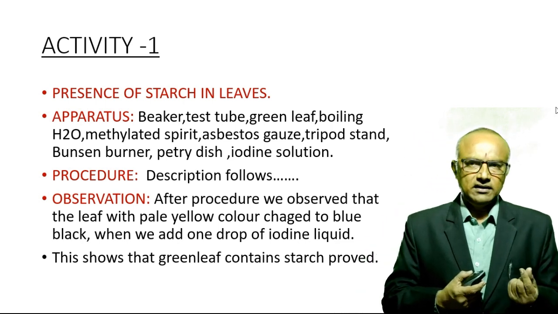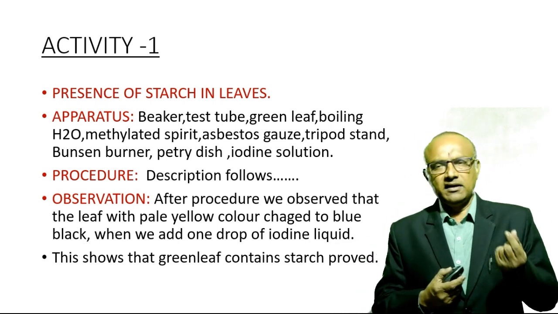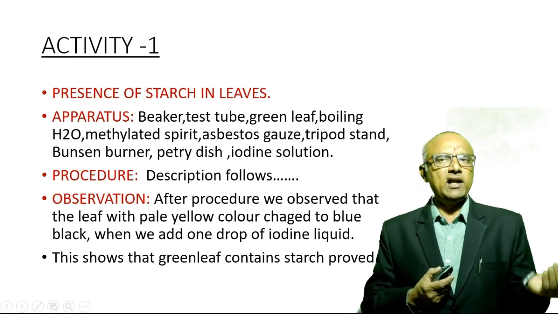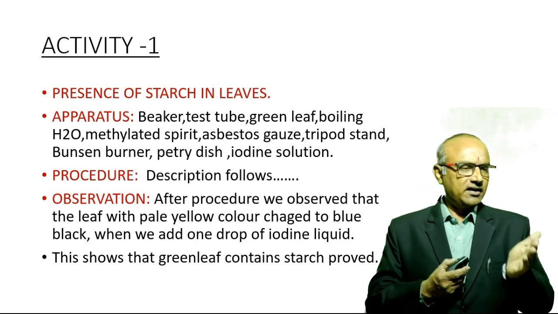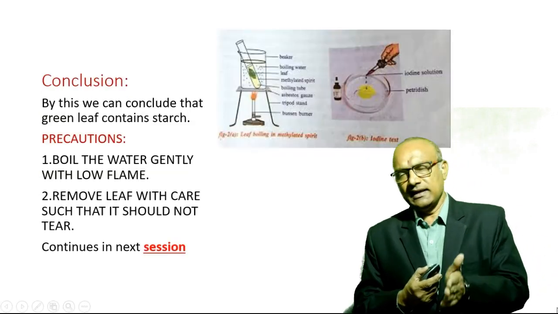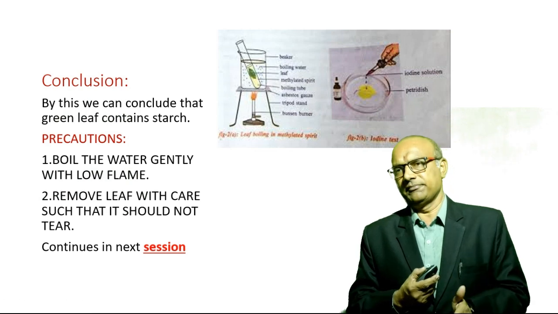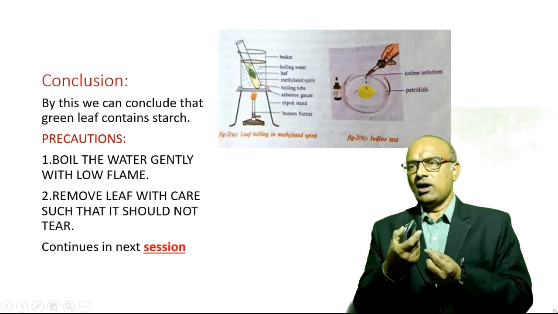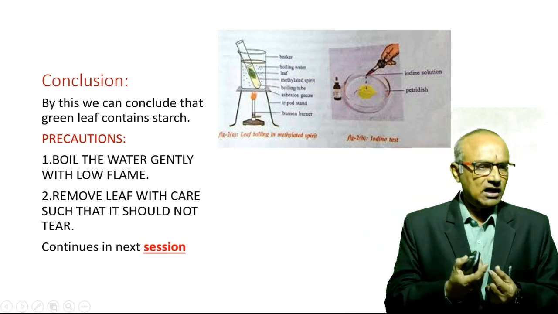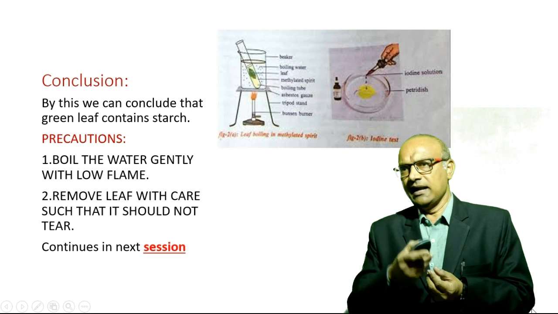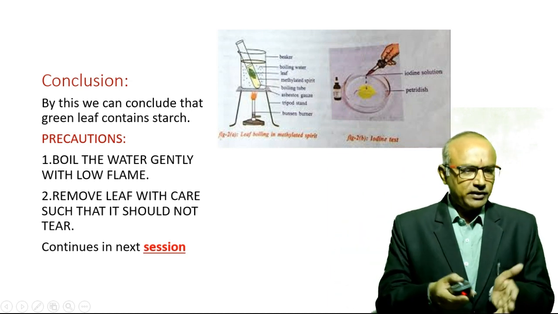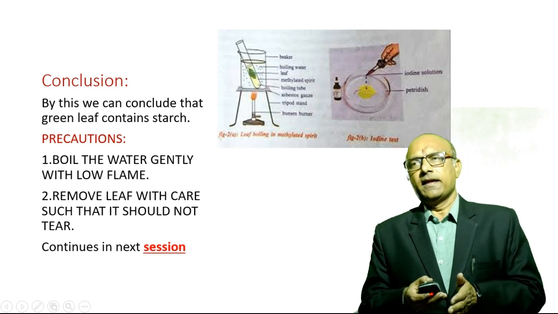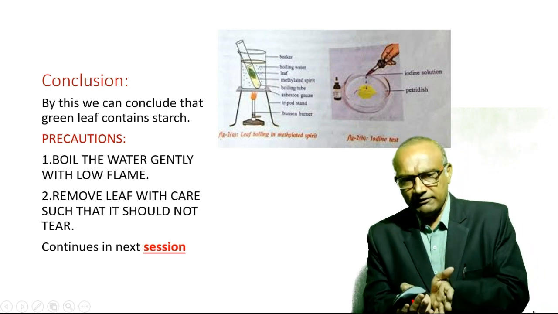When we boil the methylated spirit containing the green leaf, the chlorophyll pigments present in the leaf are damaged, so the green leaf is converted to colorless or pale yellow. The leaf from the test tube is separated with a small brush or a small scalpel, with care, and put on a petri dish. After putting it on the petri dish, you can see the pale yellow colored leaf.